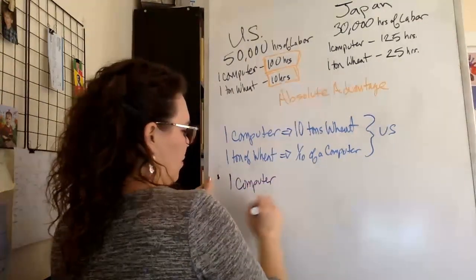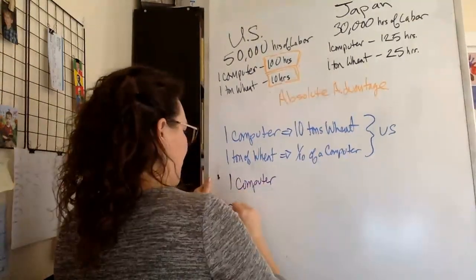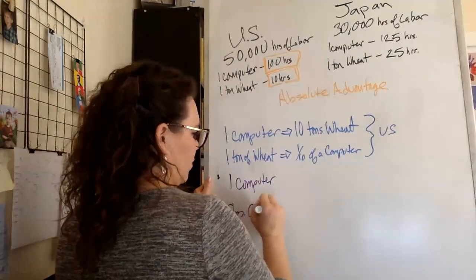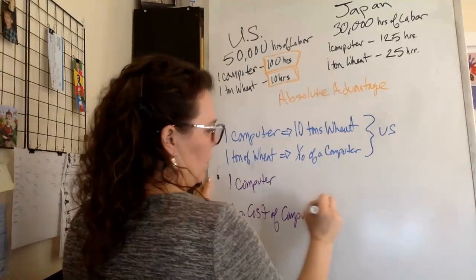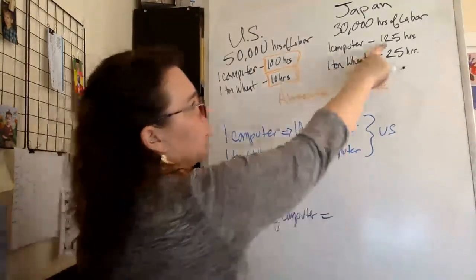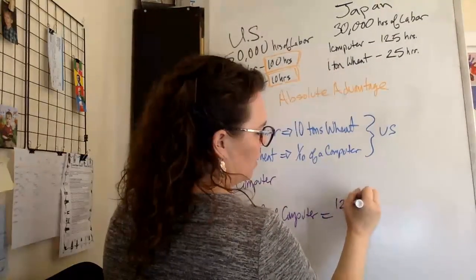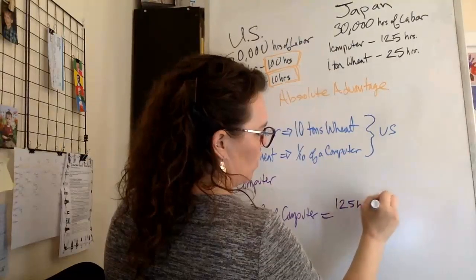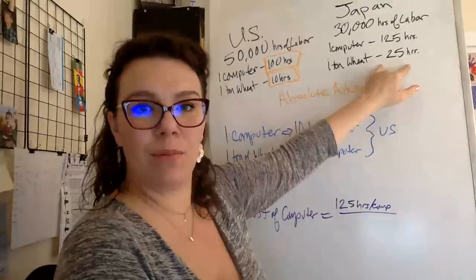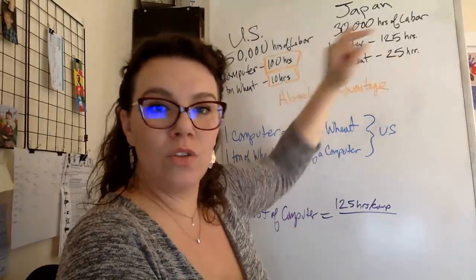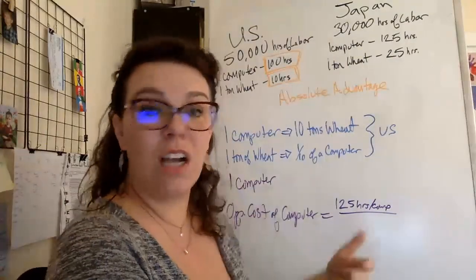If we want to find the opportunity cost of 1 computer, they can make 1 computer in 125 hours. And that means that they're going to give up making 25-hour tons of wheat.